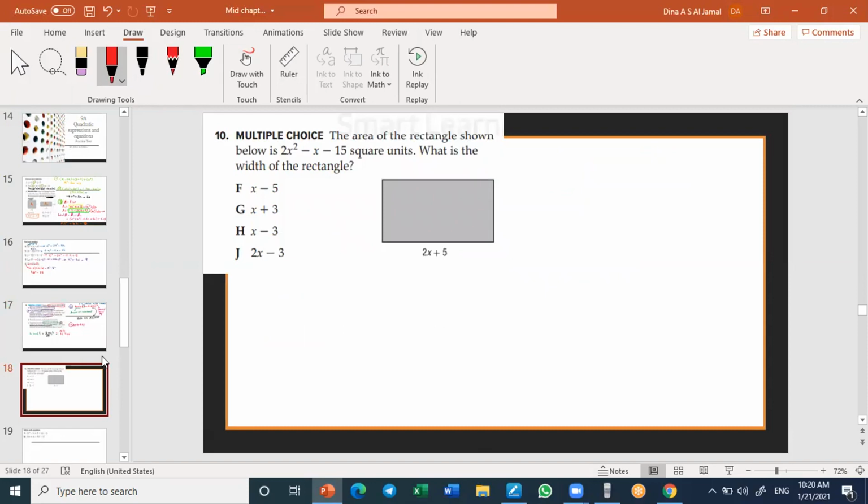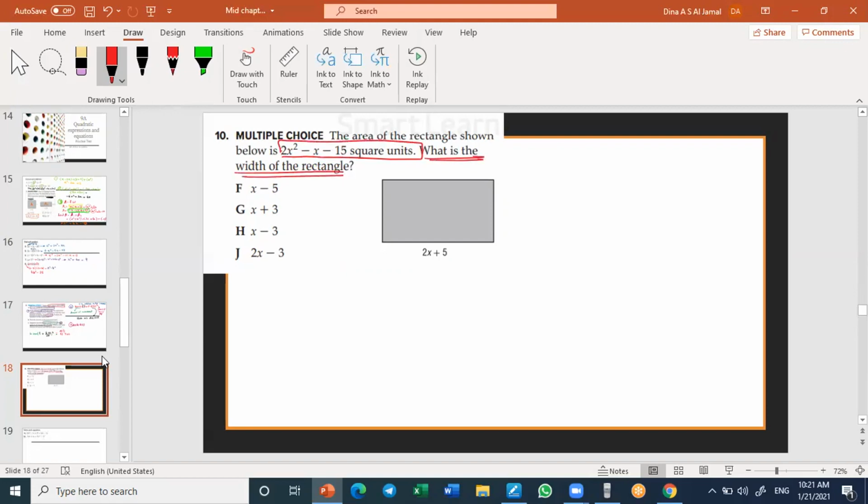And this question, I can remember that they got it in their exam of grade 9, term 2, in the paper exams. So pay attention to this question. The area of the rectangle shown, so he gave you the area and he would like you to find the width.